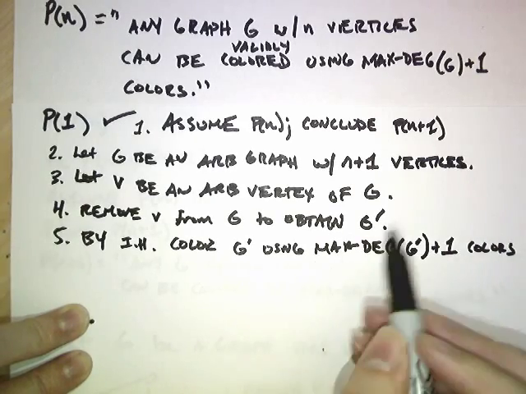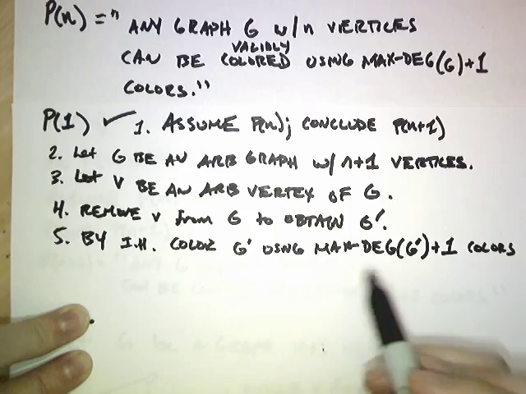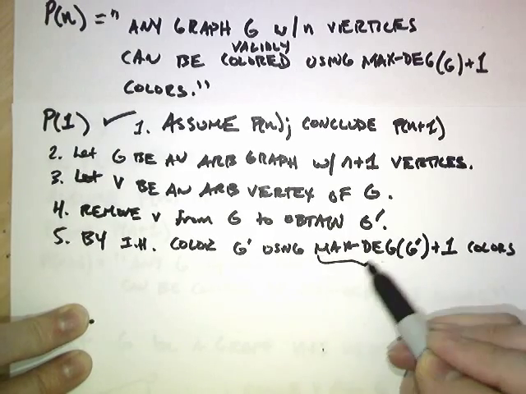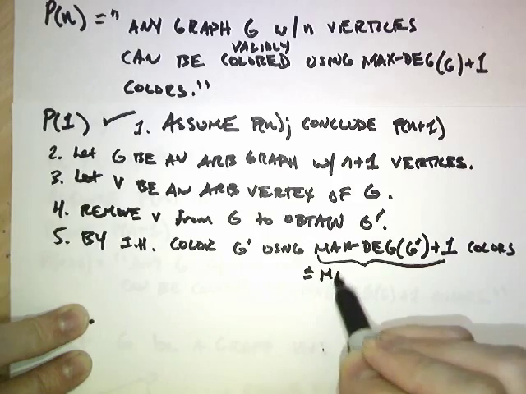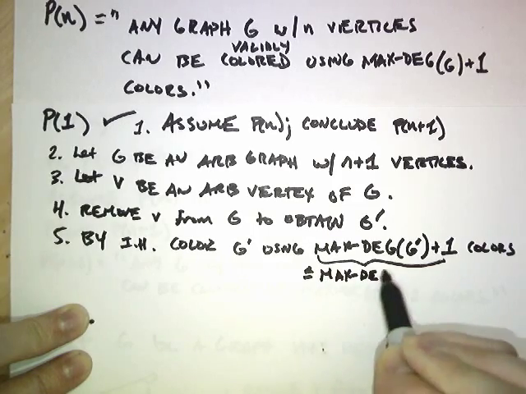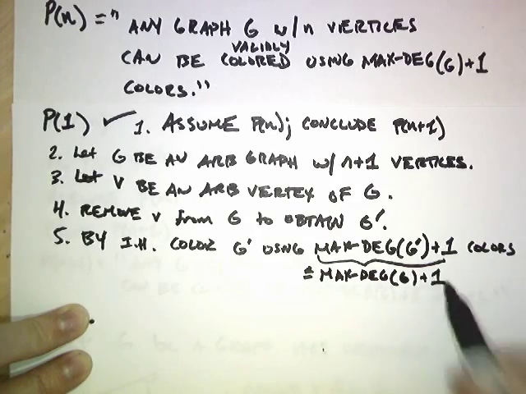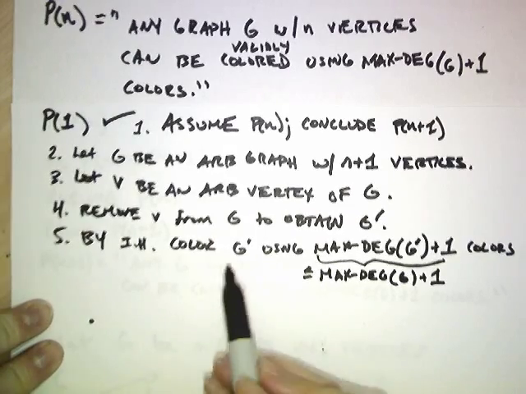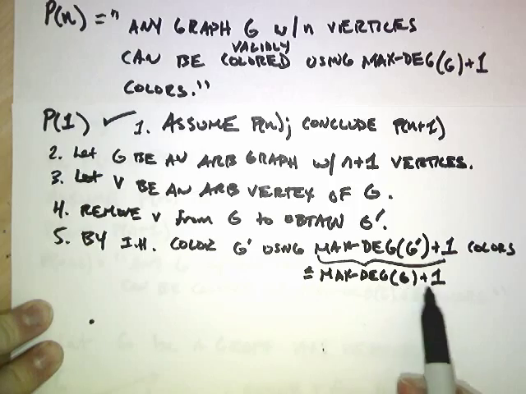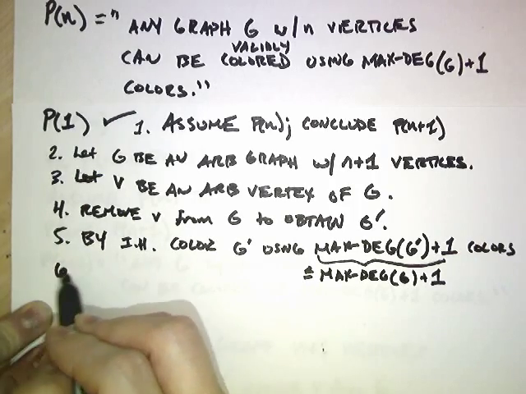And we know that since we've removed a vertex from G to get G prime, max degree of G prime plus 1 is less than or equal to max degree of G plus 1. Okay, so we can think that we've colored G prime using at most max degree of G plus 1 colors.